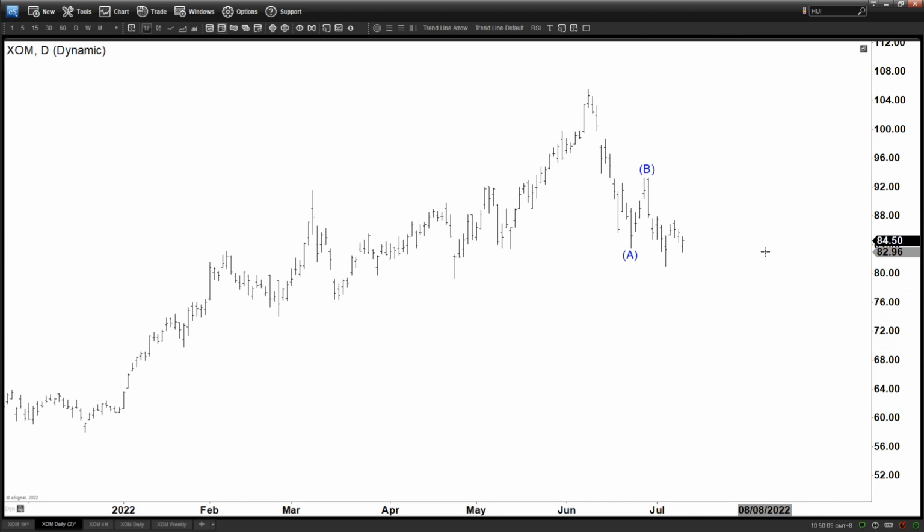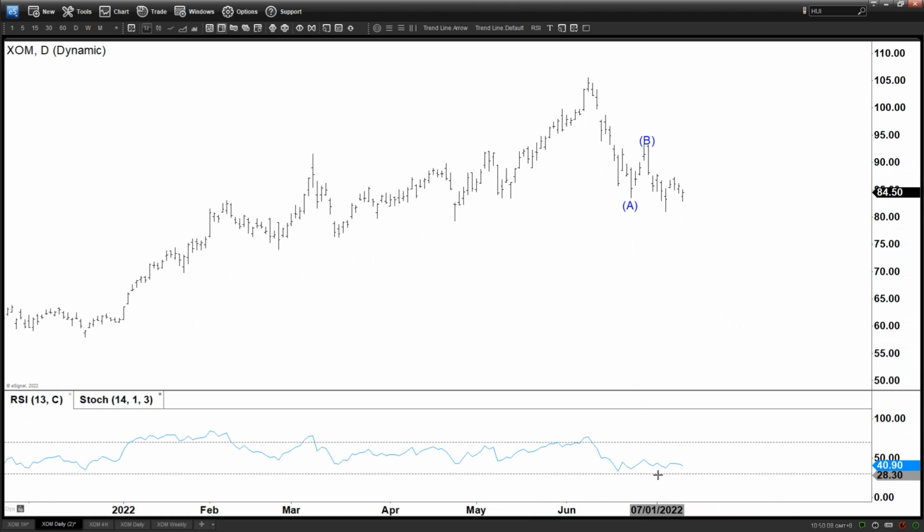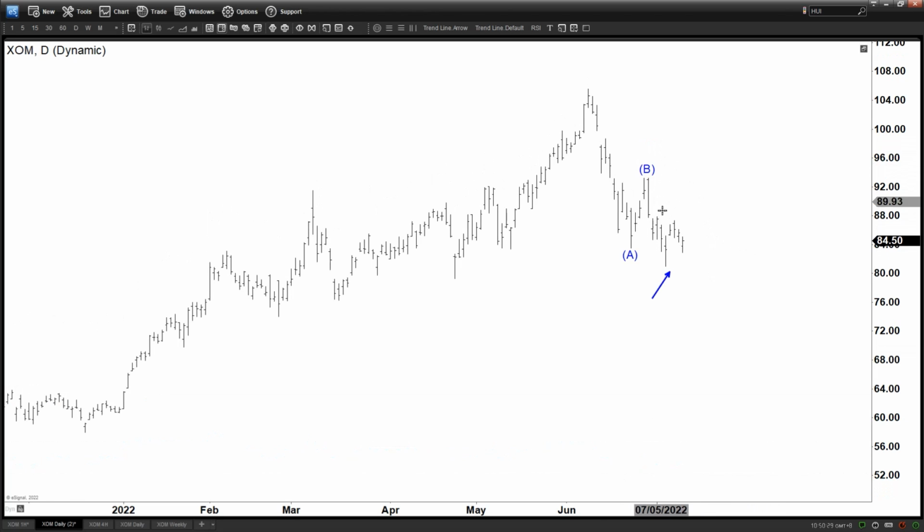Now we can also see, if you look at the RSI, we have a divergence right here. That divergence doesn't mean that it is bullish. A lot of people use divergence in that sense: if there is a divergence, it's bullish, or vice versa, if there's a divergence at the top, it's bearish. Actually, this suggests that it should see more downside, because the idea is that in a corrective structure like an ABC or WXY, at the end of that corrective structure you should have no divergence.